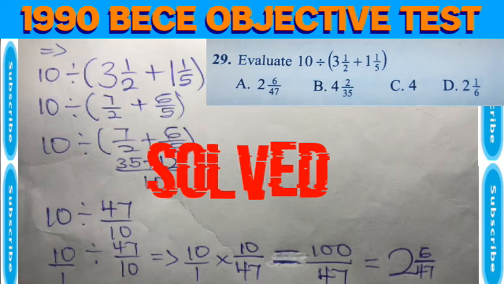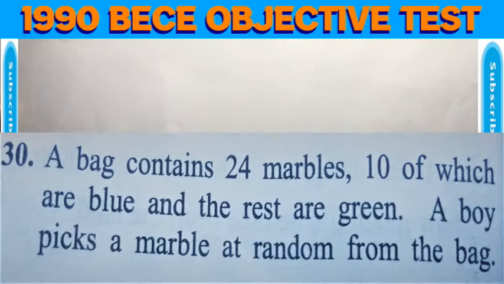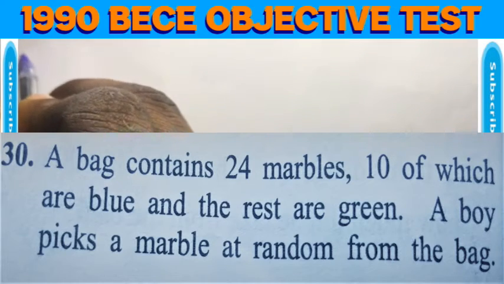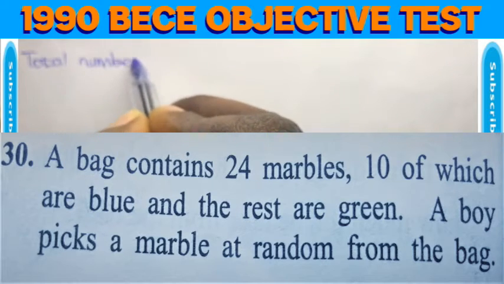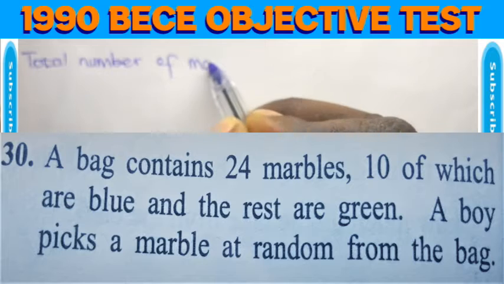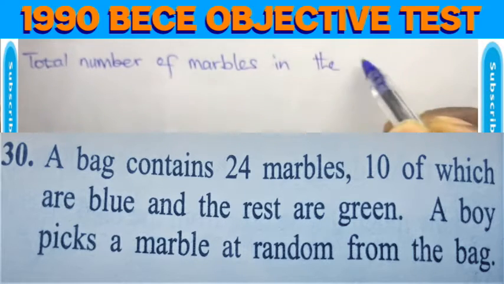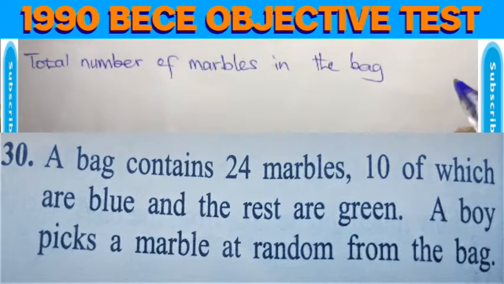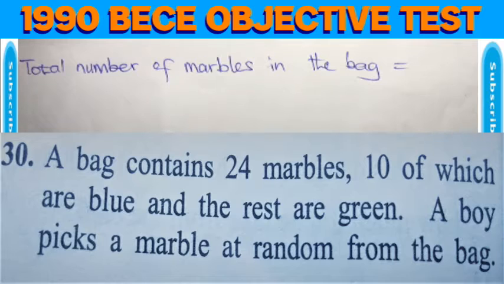Let's move on and take a look at question 30. So there is a question on probability over here. A bag contains 24 marbles. So total number of marbles in the bag, let's write it down. So total number of marbles in the bag, we have it to be 24.